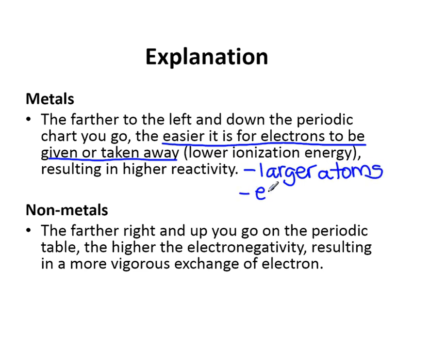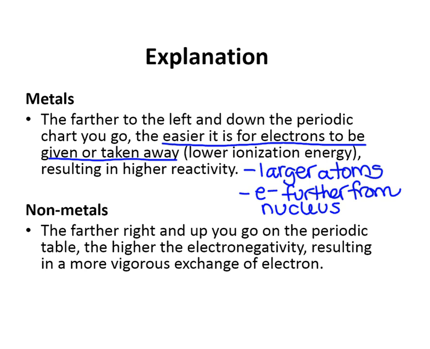The electrons are further from the nucleus. And so remember those protons, when we talked about the other trends, were important. Here, you don't really feel them pulling nearly as much on those electrons, so they're easily lost.